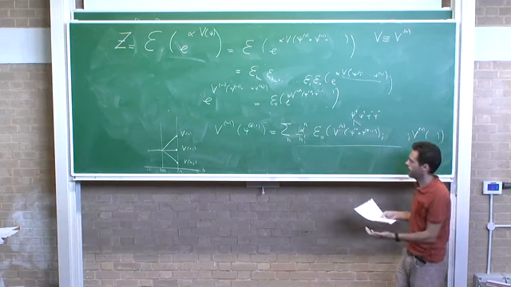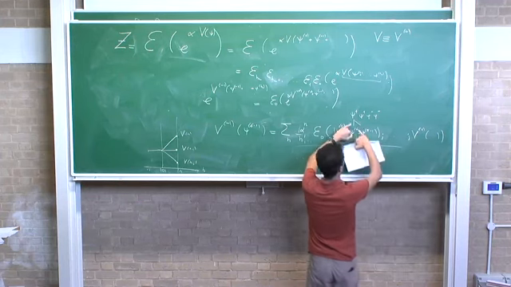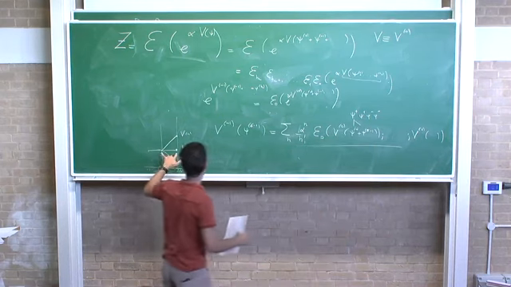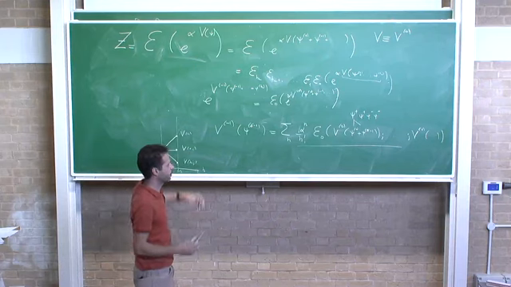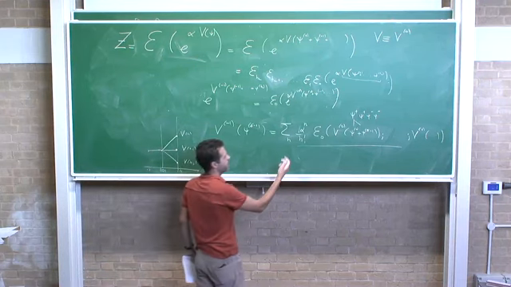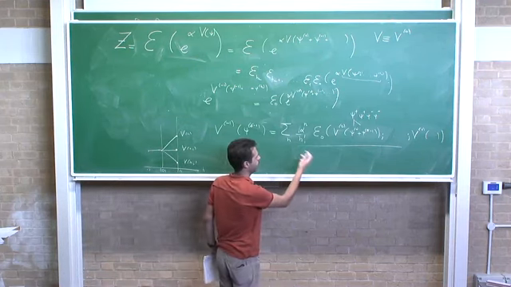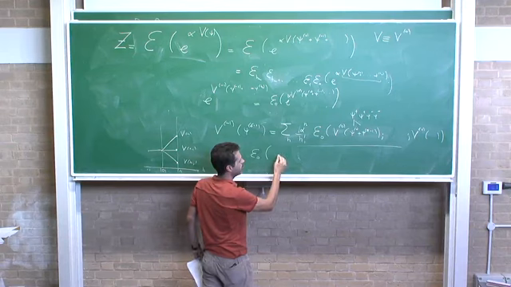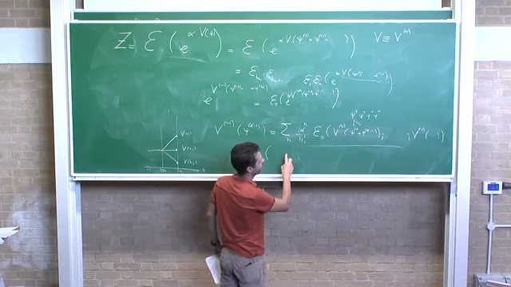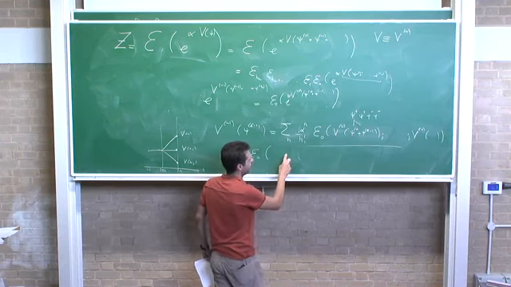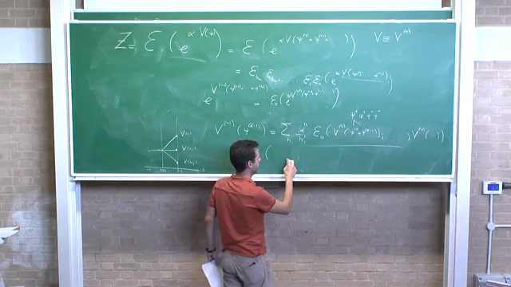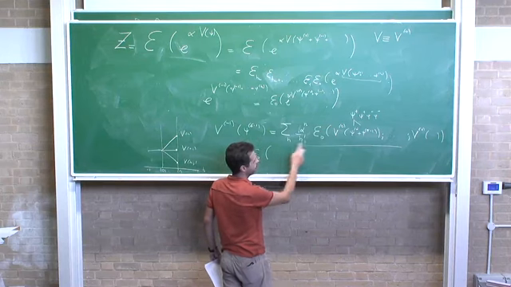According to which term you choose, you have various contributions in your expansion. So I hope this one is clear. Maybe later I'll give an example. Suppose you have, maybe I just take n equal 2.